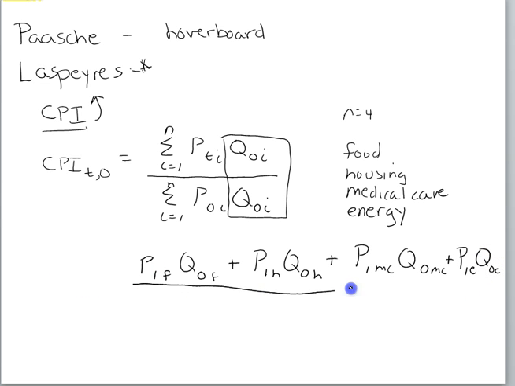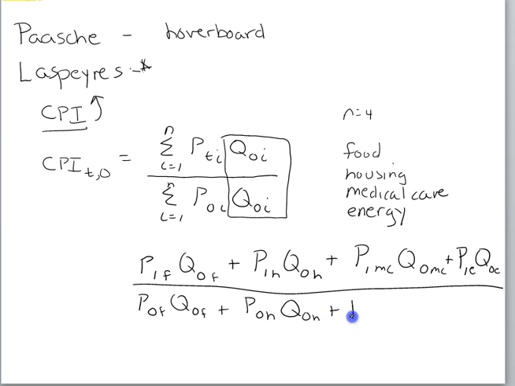And I would put that over the price in time period 0 of food multiplied by the base quantity of food, plus the price in time period 0 of housing multiplied by the base quantity of housing, plus the price in the base period of medical care multiplied by the base quantity of medical care, and the price in the base time of energy multiplied by the quantity in the baseline of energy.